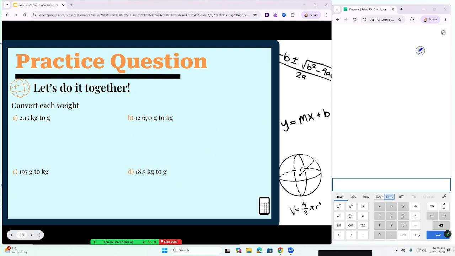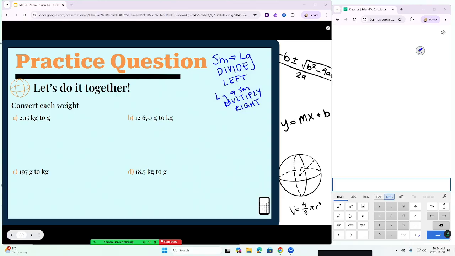And if you remember, we had our little cheat sheet that says small to large, we're going to divide, and that means we are moving to the left. When you go from large to small, you are going to multiply, and that means you're moving your decimal to the right.